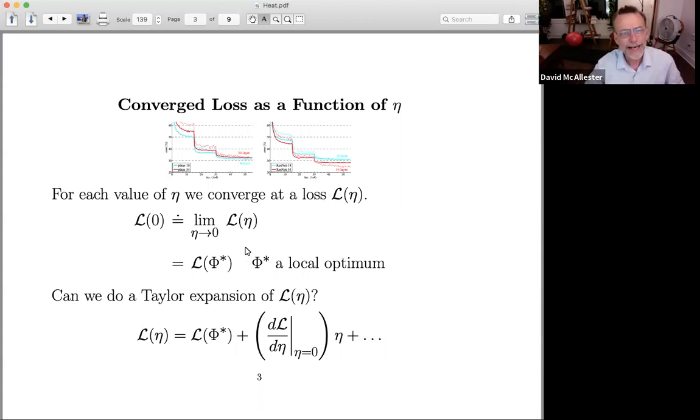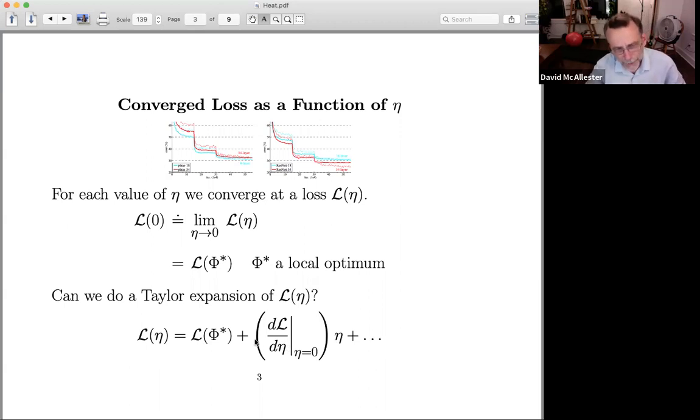Okay, so now the question is, how well behaved is this function, loss as a function of learning rate? If it's differentiable, then we should be able to do a Taylor expansion. Loss as a function of the learning rate is equal to this limiting loss, the loss at the local optimum, plus the first order Taylor term plus higher order terms.